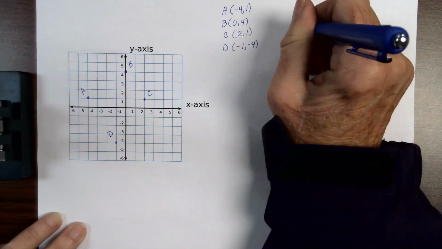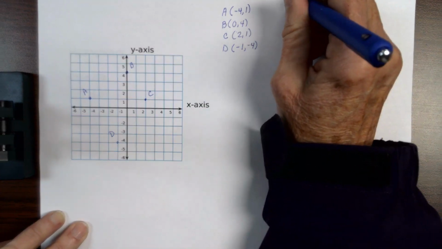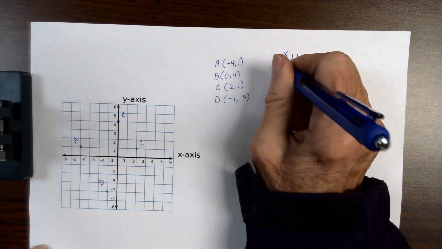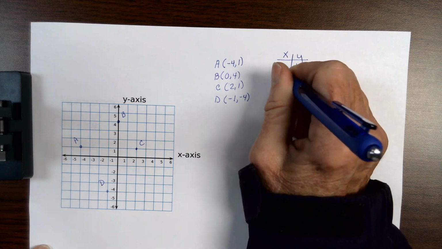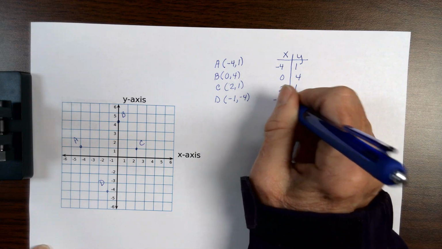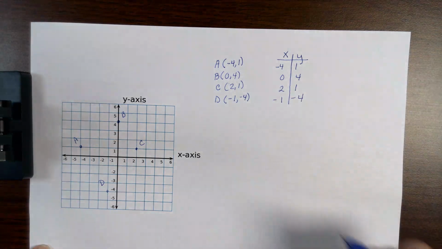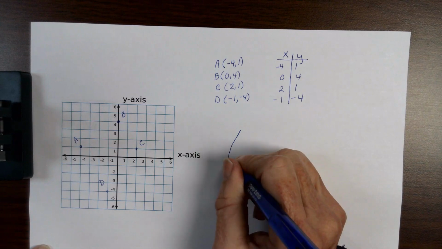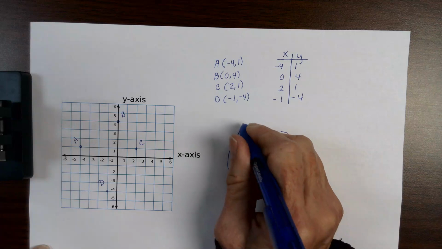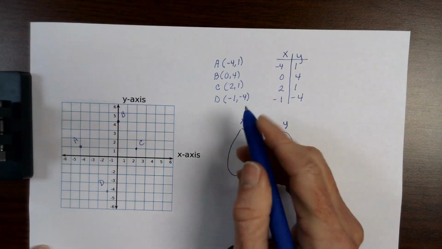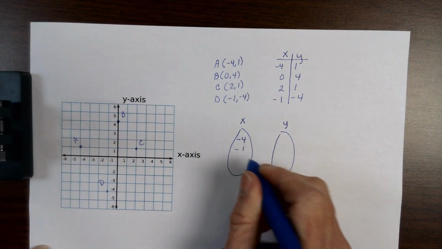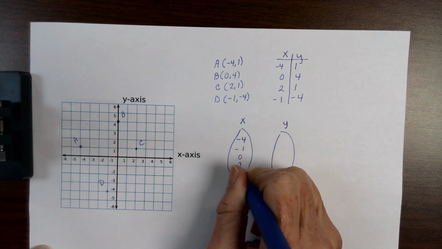Then I'd have to be able to do it in a table format. So X and Y, pull it down so you can see it, -4, 1, 0, 4, 2, 1, and -1, -4. Then you'd have to be able to do it in mapping. So I have two ovals, X and Y. Smallest value of X is a -4, then -1, 0, and 2.